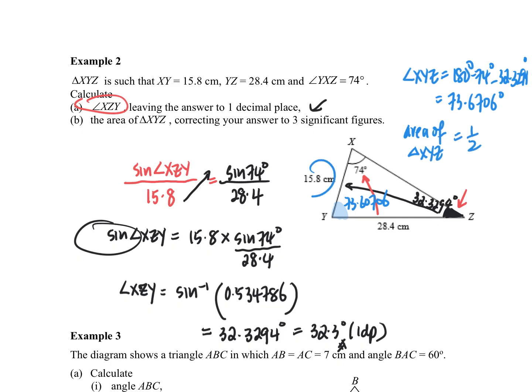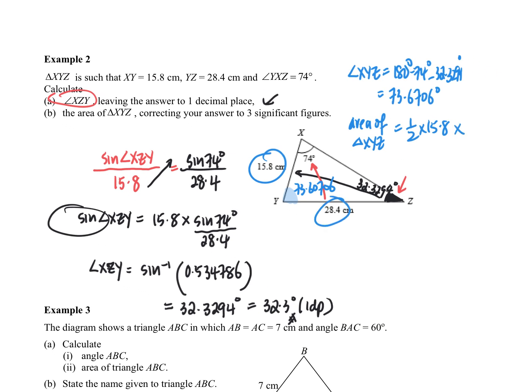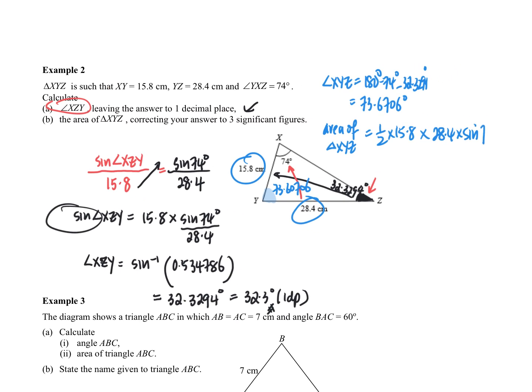Half times this length times this length and sine of the angle in between. Don't forget the sine. You all will always forget the sine. So please prove me wrong. 215.3095, 3 SF.